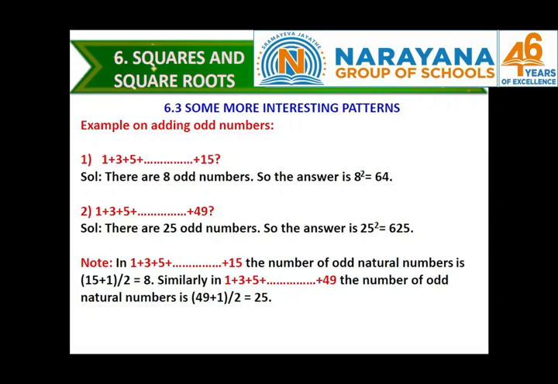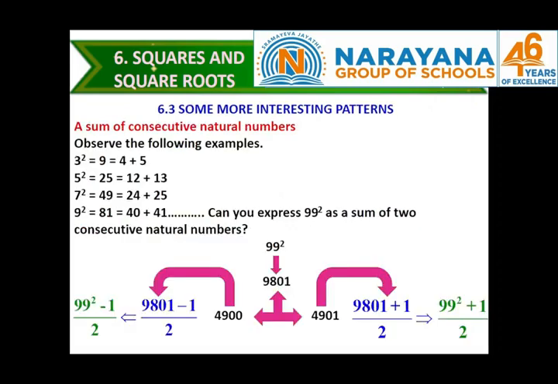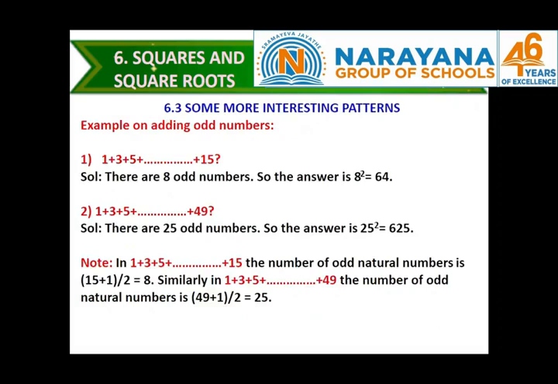So, the formula for the number of odd numbers: how many odd numbers are we taking? Here the number of odd numbers from 1 to 15 is (15 plus 1) by 2, that is equal to 8 odd numbers. Similarly, in the second example, the highest one is 49, so the number of odd numbers is (49 plus 1) by 2, that is equal to 25 odd numbers.